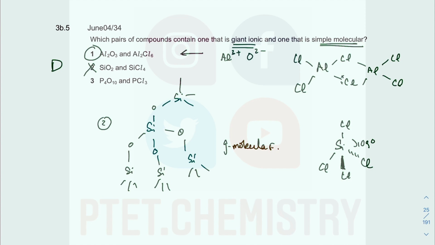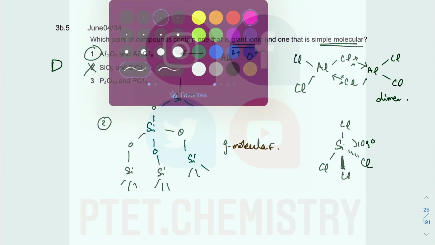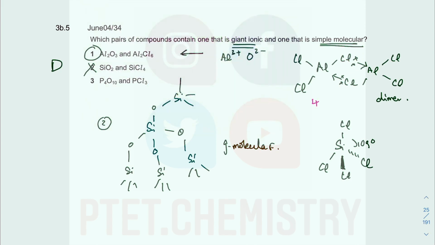So you use a lone pair there to donate both the electrons in the covalent bond, and you do the same thing with the other one. That's why you have a dimer. These are normal covalent bonds. This is a dative covalent bond because both the electrons in the covalent bond come from only one of the atoms. So you're going to have 4 bond pairs and 0 lone pairs around aluminium.